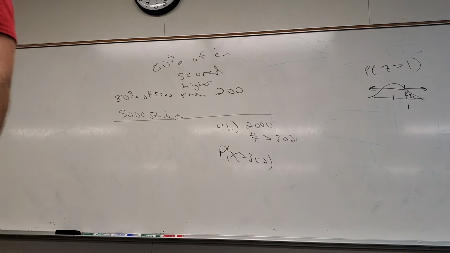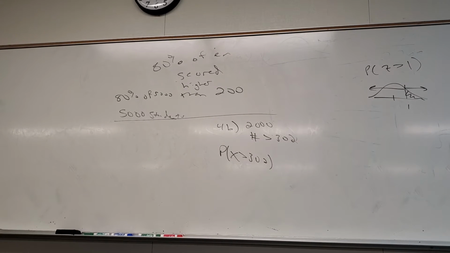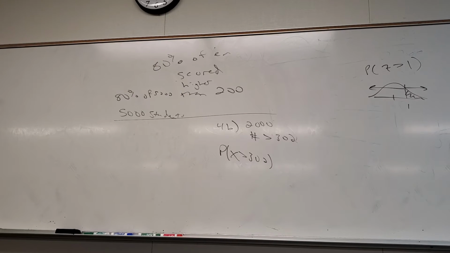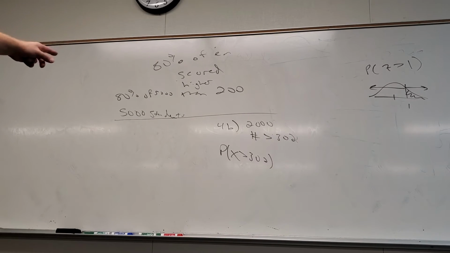When you do 4A1, you could call it a probability, but a slightly better way to say it is the percentage of students who scored greater than 302. So if I give you a number of students, you can figure out how many because you take that percentage.